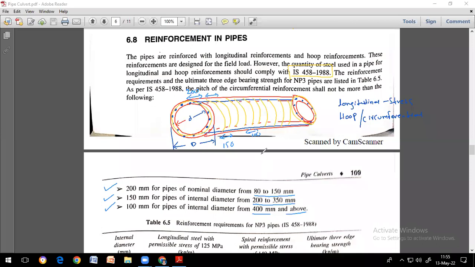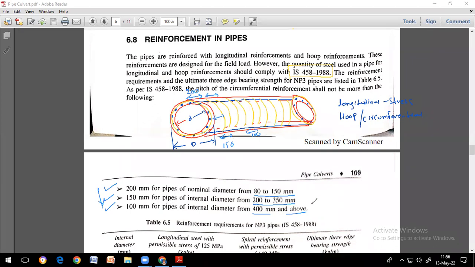You can see it clearly, dia increases, the spacing of the circumferential reinforcement is decreasing. Avuna? Yes or no? The spacing is decreasing based on the dia of the pipe. Pipe dia eppudaithe perugutundo, it has to have more circumferential reinforcement. That is the reason why the spacing between two rings, circumferential reinforcements, is very less, 100 mm.